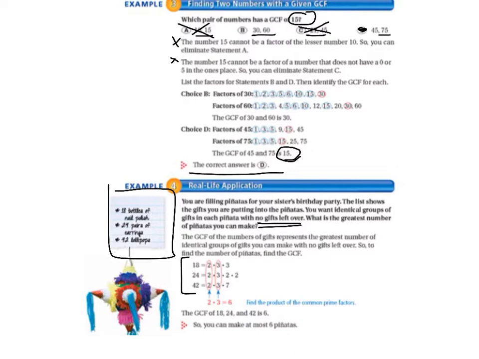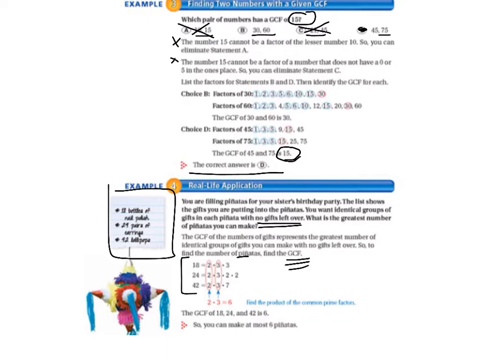The greatest common factor of the numbers of gifts represents the greatest number of identical groups of gifts you can make with no gifts left over. So to find the number of piñatas, find the greatest common factor. So what you would do is you would make factor trees for each of these numbers.